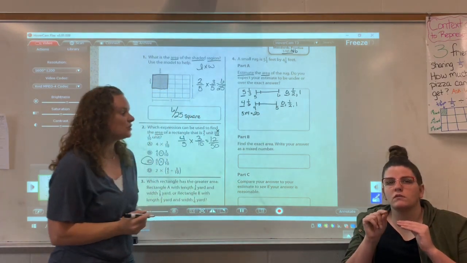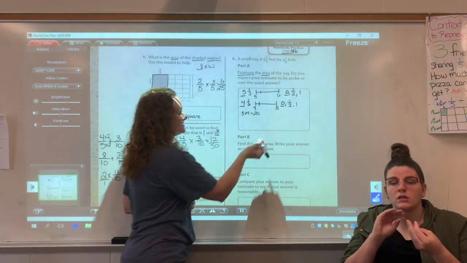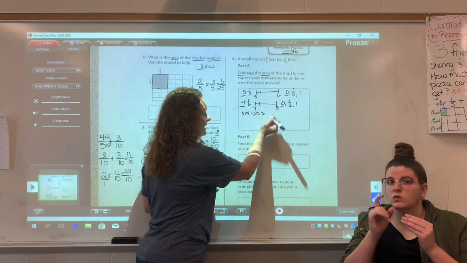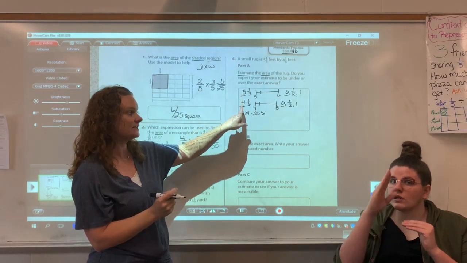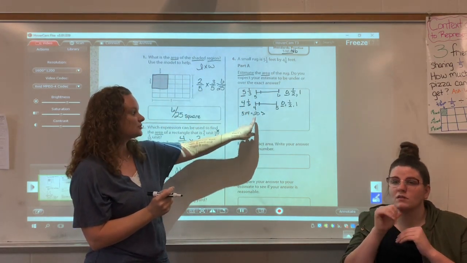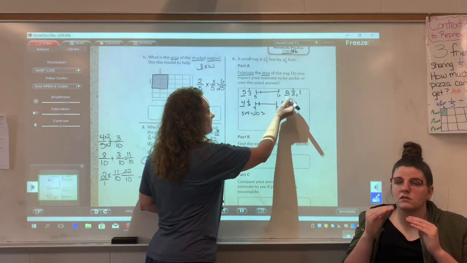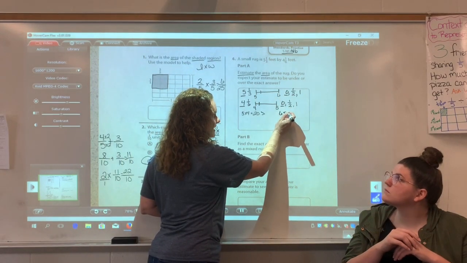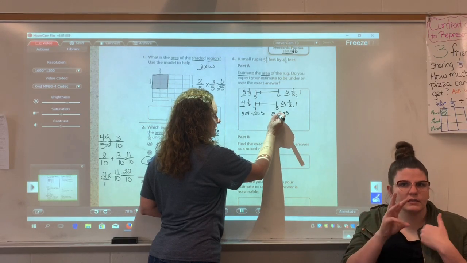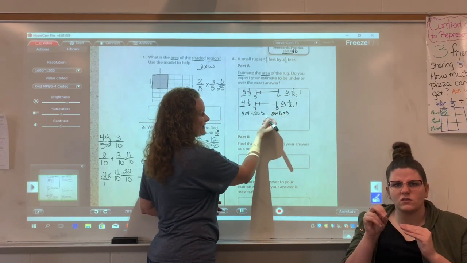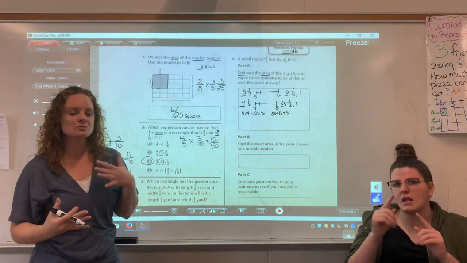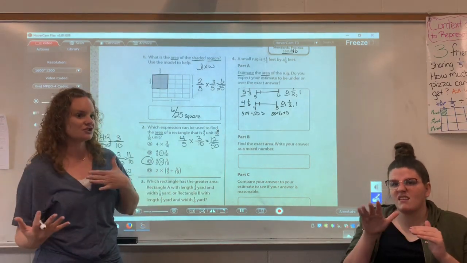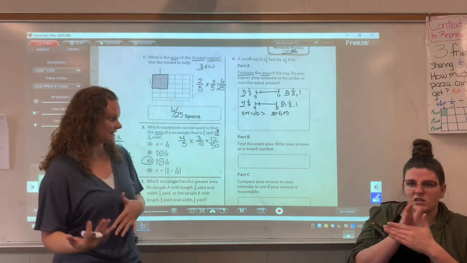My number has to be greater than 20, because there's more. It's not just a 5 and it's not just a 4. There's a fraction. But if I went to these ends over here, I would have 6 times 5, which equals 30. So it'd be greater than 20 but less than 30. My answer would need to be somewhere within the range of greater than 20 but less than 30.